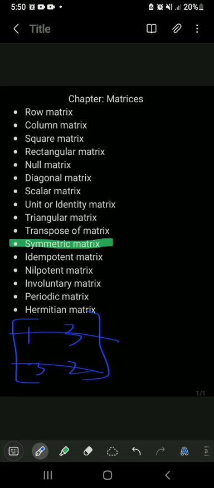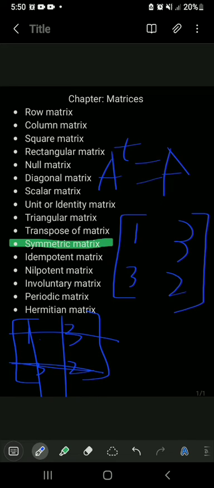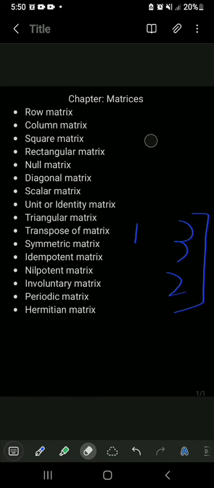This is the row, this is the column. Interchange them, row into column: 1, 3, 3, 2. It becomes the same as A. It means A transpose is equal to A. Now maybe it's clear.